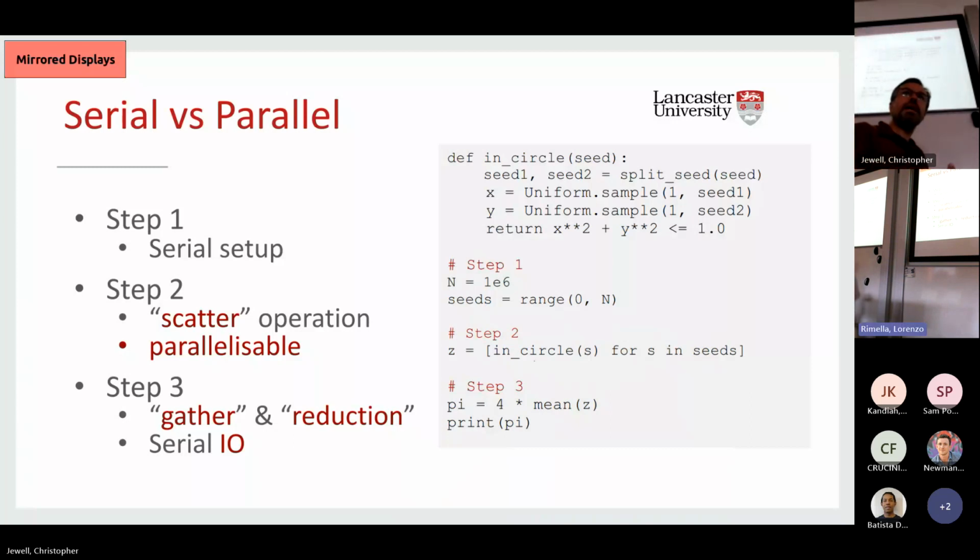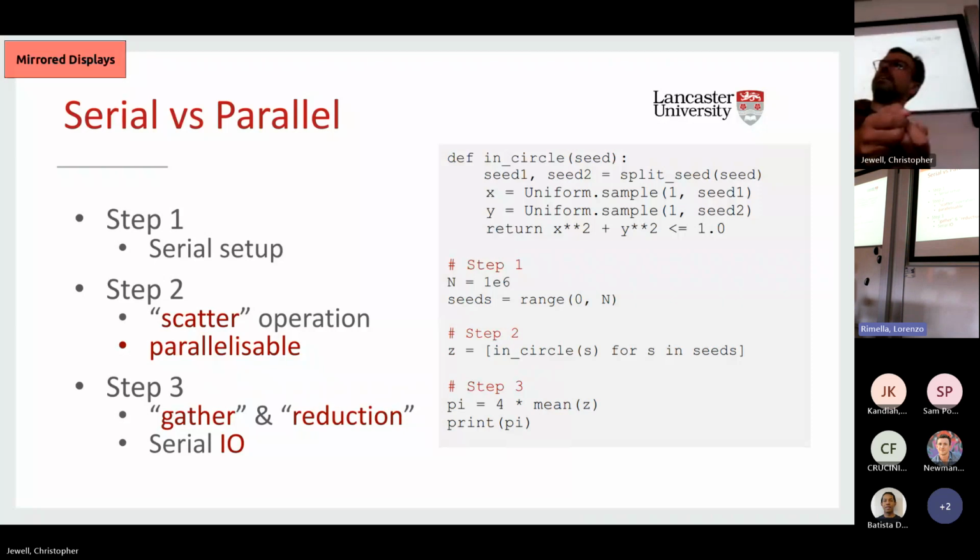Then step three is our gather or reduction step. The idea behind gathering means gathering the results that each of our parallel processes has generated and pulling them together, perhaps onto some kind of master process that's running.